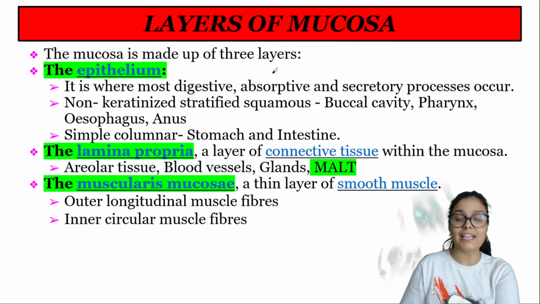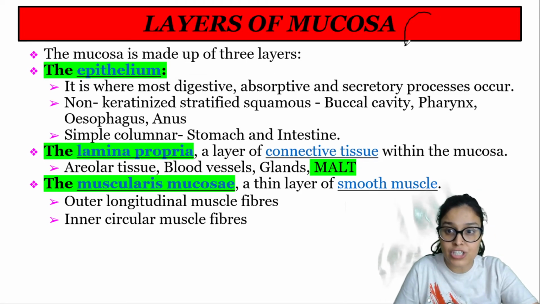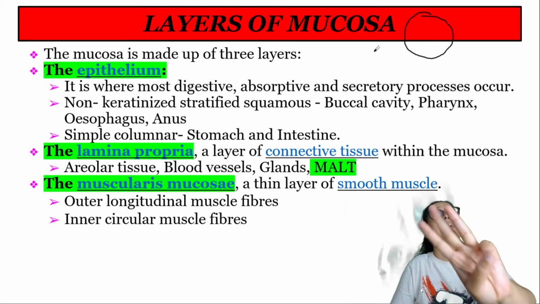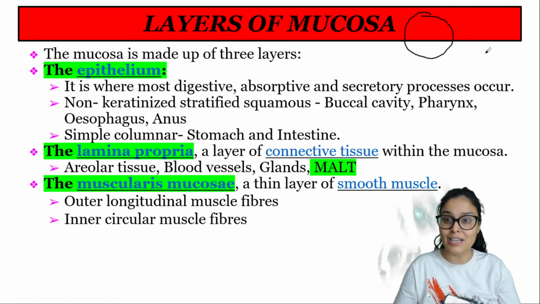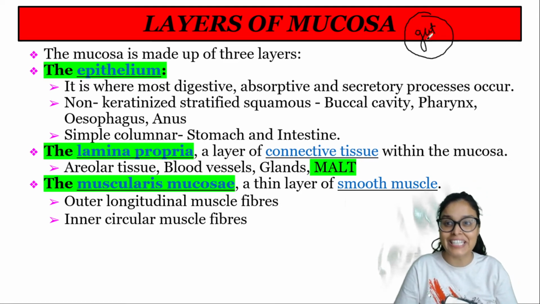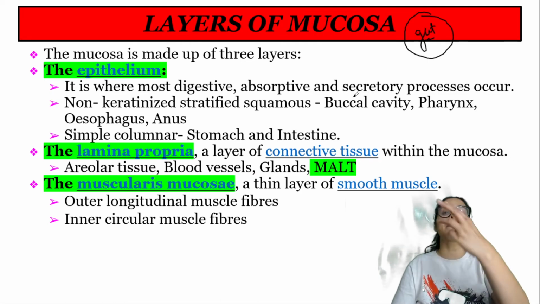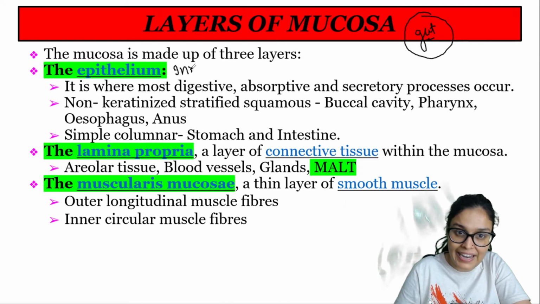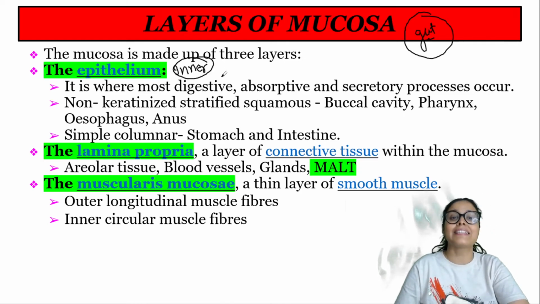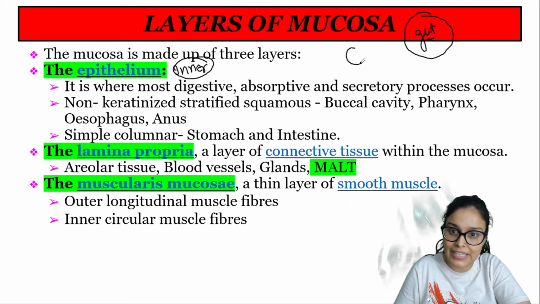The mucosa layer, meaning the innermost layer, is itself divided into 3 layers. The mucosa, the innermost layer which is just lining the gut cavity, is actually made up of 3 cellular linings. The innermost lining of the mucosa is the epithelium, and then they have the lamina propria and the muscular layer.